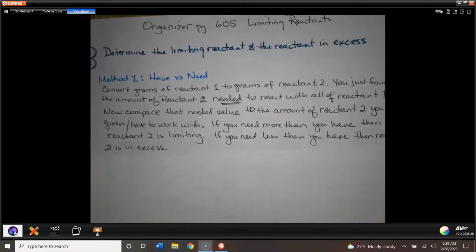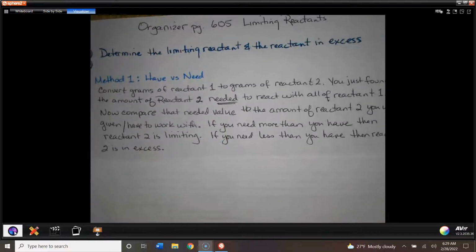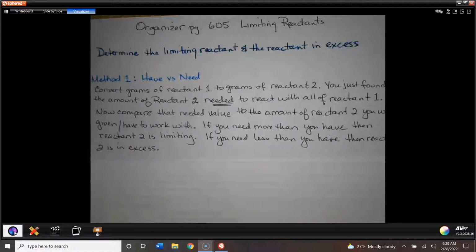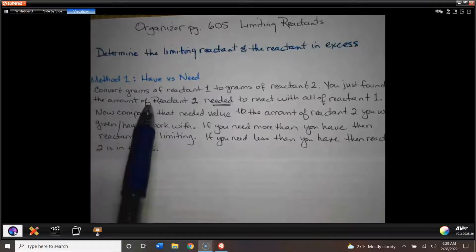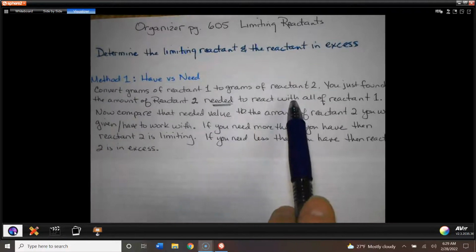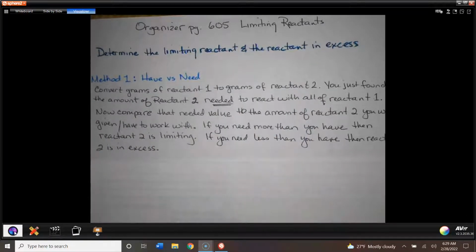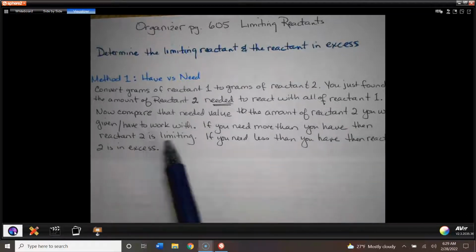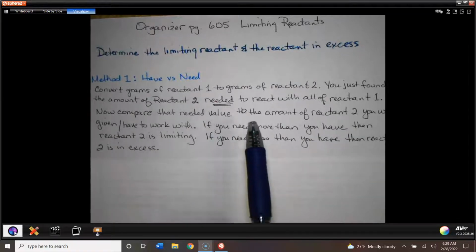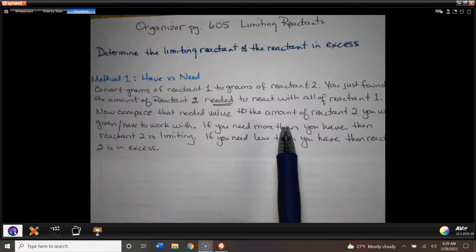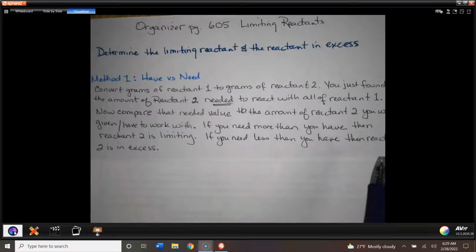To do that, we're going to convert the grams of one reactant to grams of the other reactant. If you find the amount of reactant that you need to react with reactant 1, then you can compare it to how much you were given, how much you have, and then you know if it's going to run out or not.